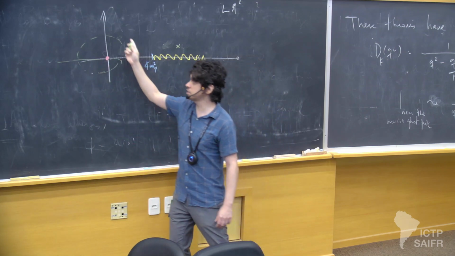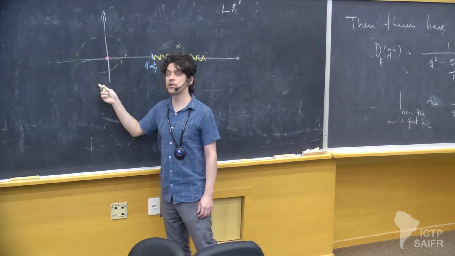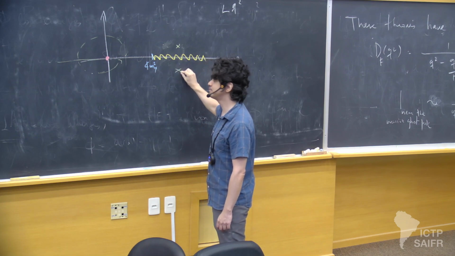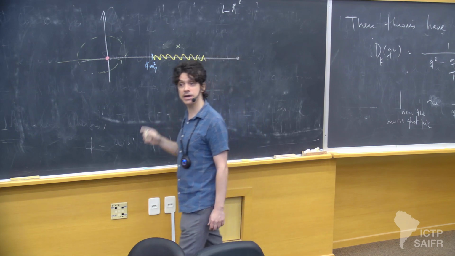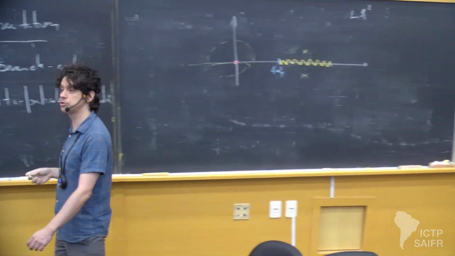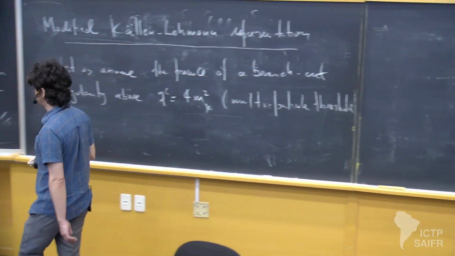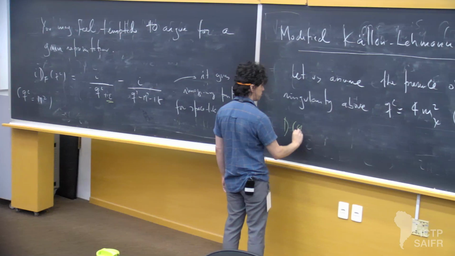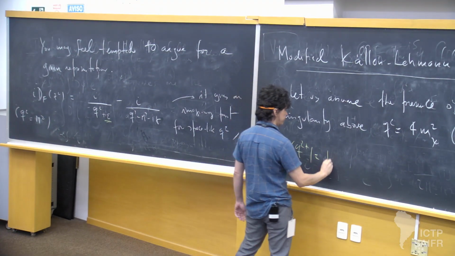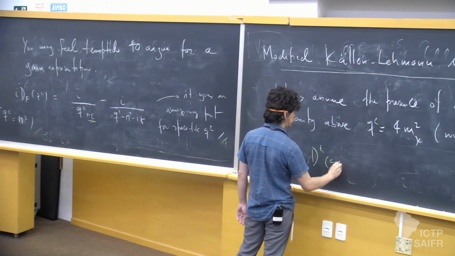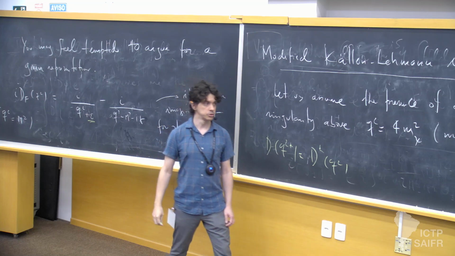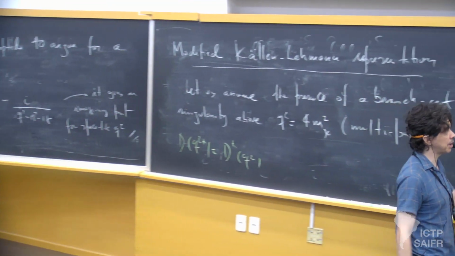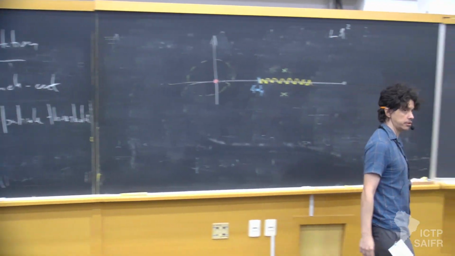And then if we did, we would have found another pole. This pole is expected on the grounds of something that we call the Schwarz principle, that states that propagators should have this behavior.